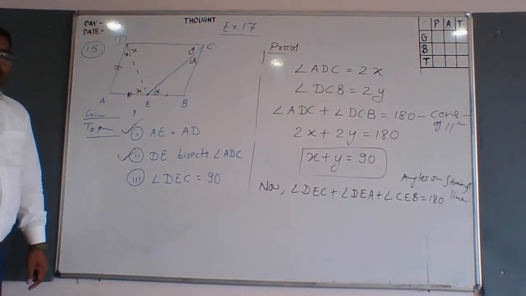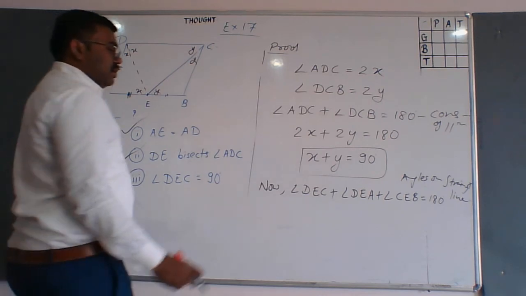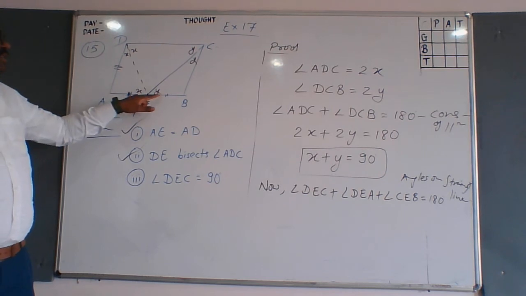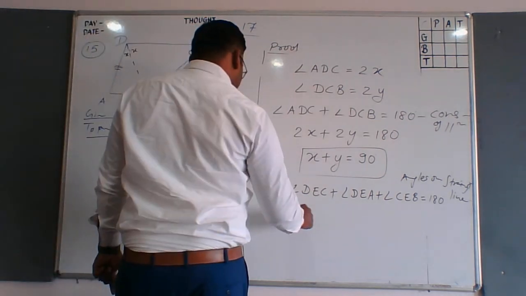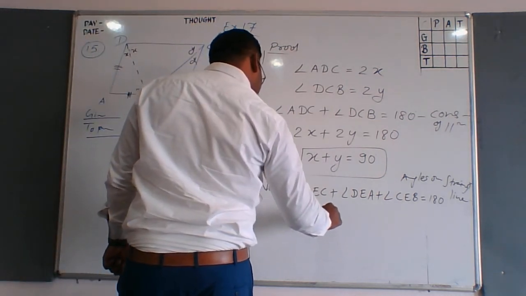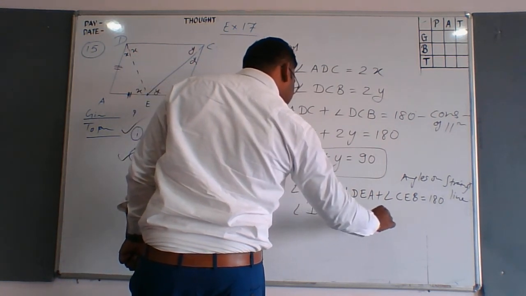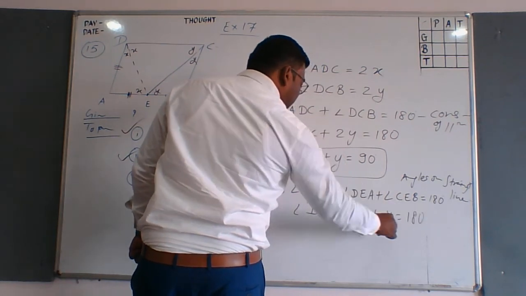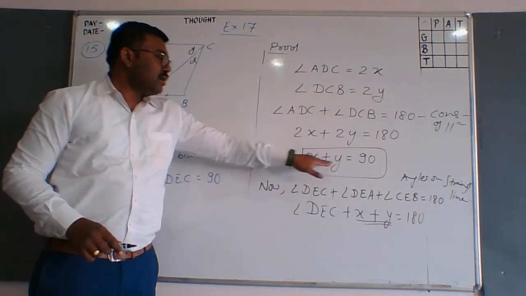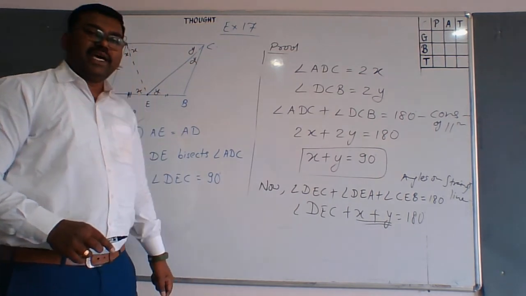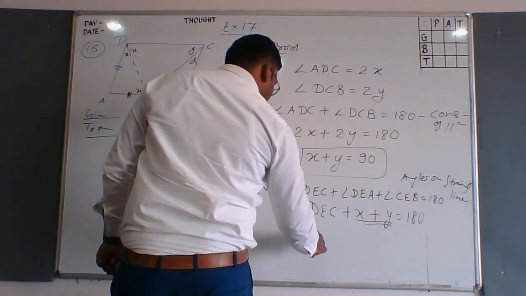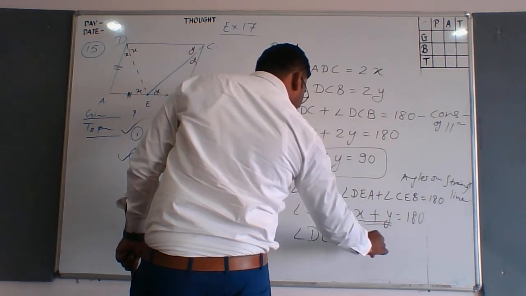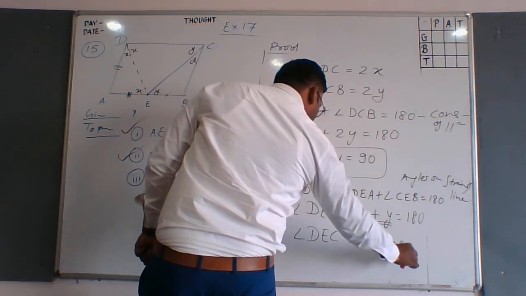Okay. So here DEA is X, CEB is Y. Angle DEC will remain the same. X plus DEC plus Y is 180 degrees. But we know that X plus Y is 90 degrees. Already we have calculated it. So angle DEC plus 90 degrees equals 180 degrees.